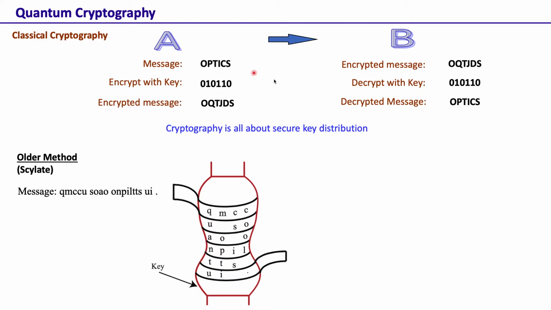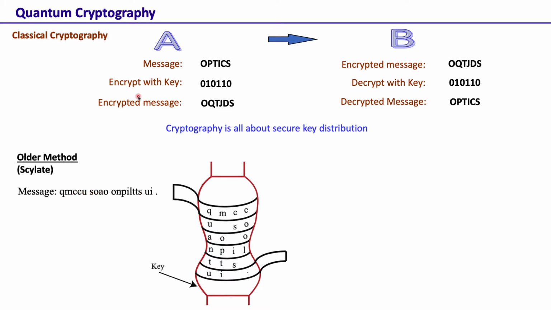So any two parties A and B will have this exact same wooden block, like a cylinder, and the shape of the cylinder is the key. Both parties A and B share the same cylinder, and only they need to have the cylinder, and nobody else should have access to it.